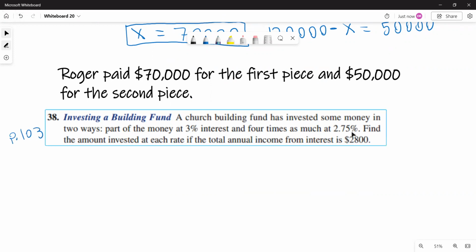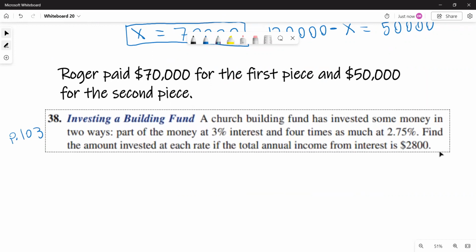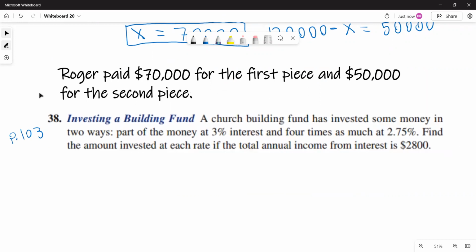A church building fund has invested some money in 2 ways. Part of the money at 3% interest and 4 times as much at 2.75% interest. Find the amount invested at each rate if the total annual income from interest is 2,800. So we're going to call X the amount invested at 3%.